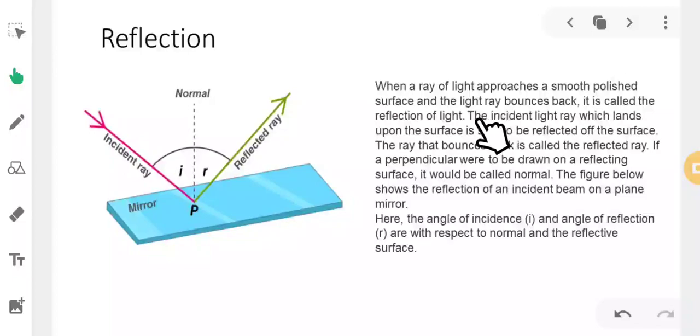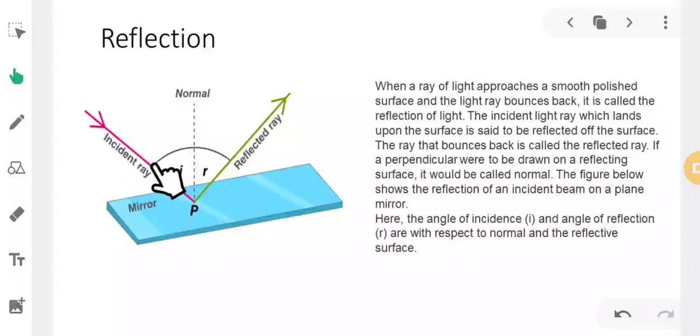In reflection, the incident light which lands upon the surface is said to be reflected off the surface. This red line is your incident ray.